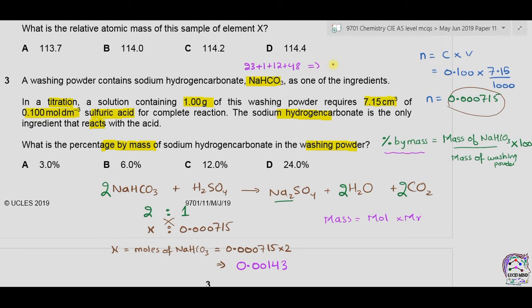So in total the atomic mass is 84. Putting in values, the number of moles is 0.00143 into molecular mass, which is 84. So the mass in grams of sodium hydrogen carbonate comes equal to 0.120 grams.